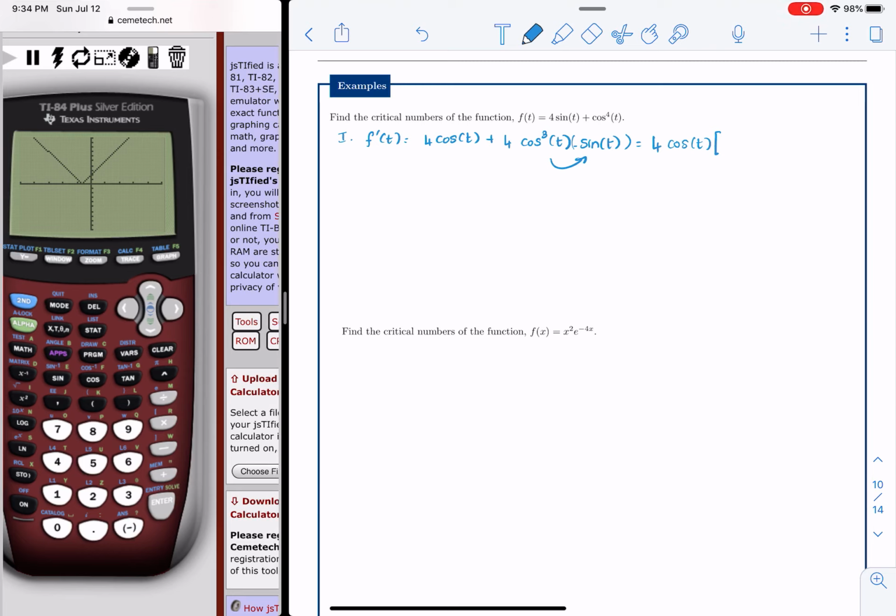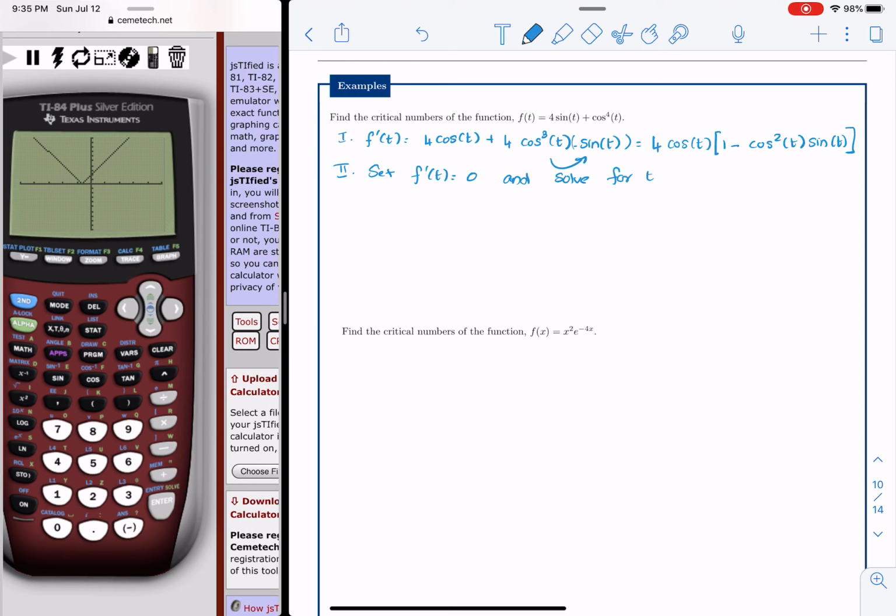If I pull that out, I'd have 1 minus cosine squared t times sine t. So we want to set f prime of t equal to 0 and solve for t.